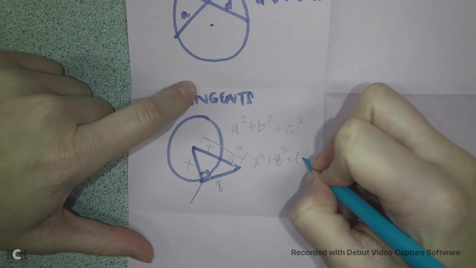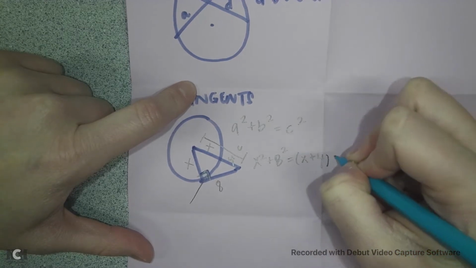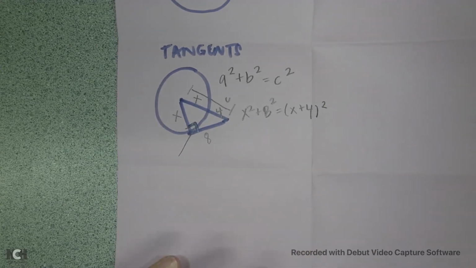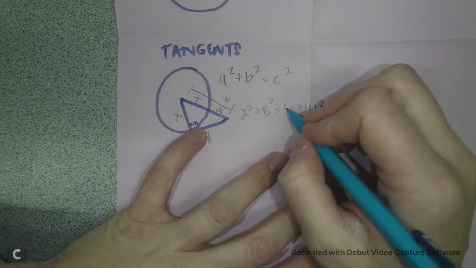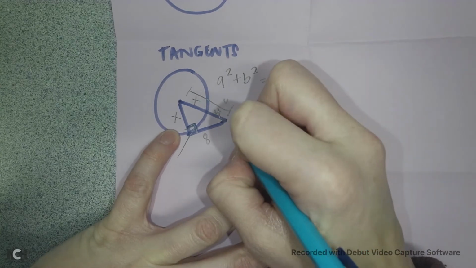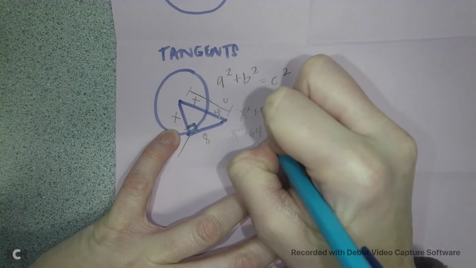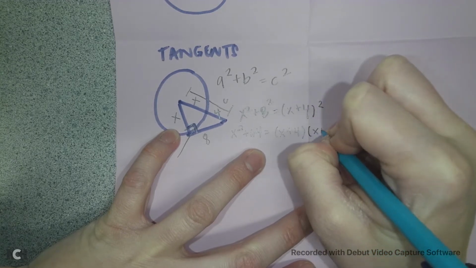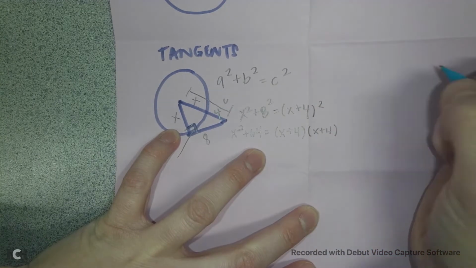So our C is x and 4. And then we have to solve for x. So here, we have x squared plus 64 equals x plus 4 times x plus 4.